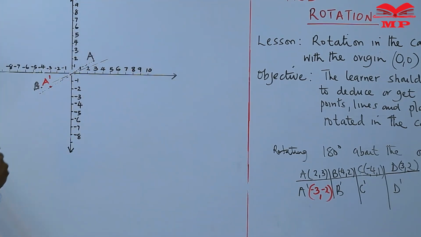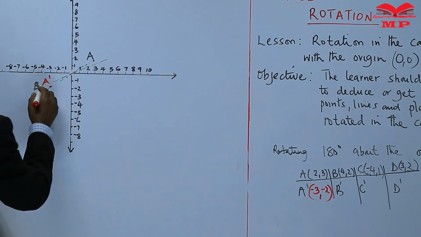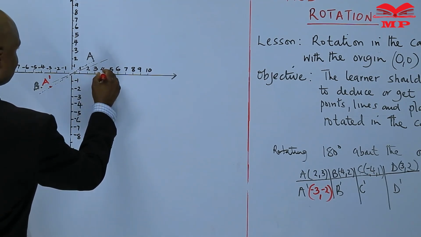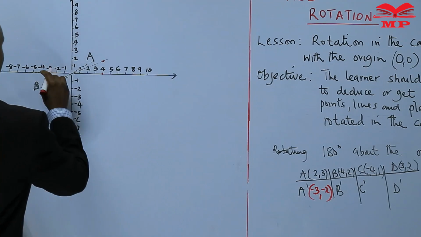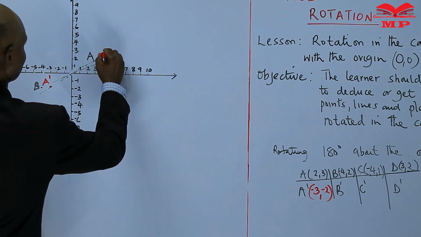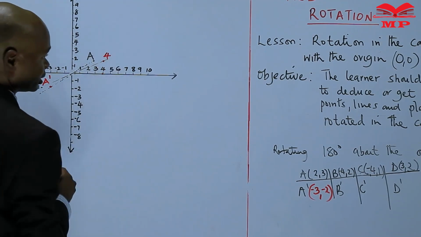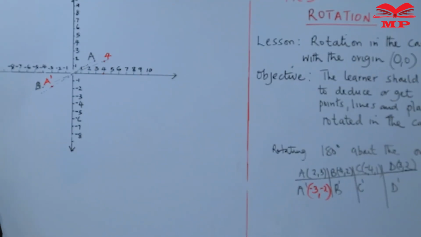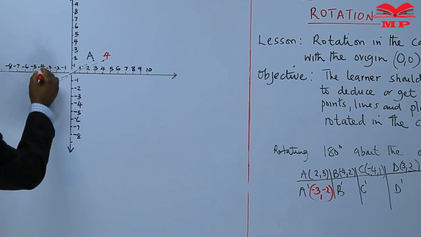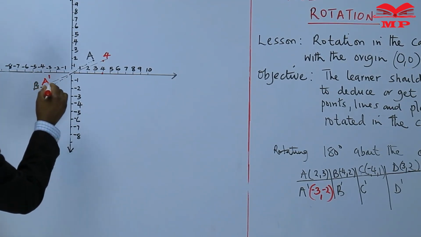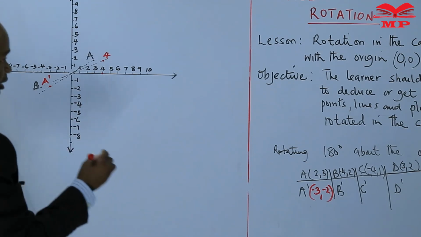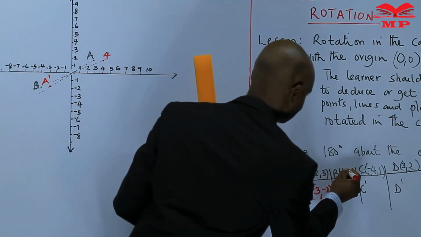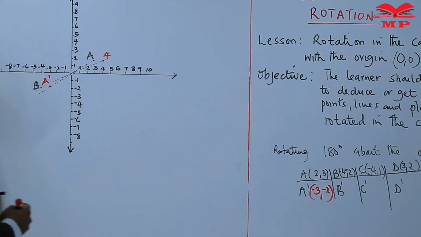It was negative 4, 2, it will now be 4, negative 2.